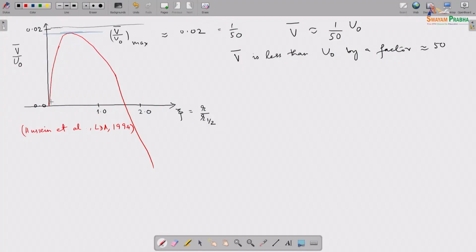Now, what is interesting is that if you look at the V by V naught plot here, especially this part of the plot, this is negative.